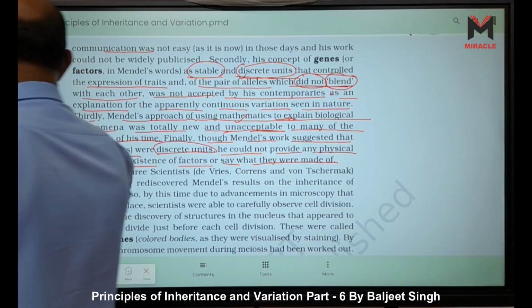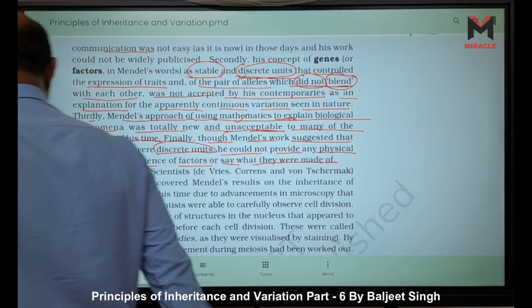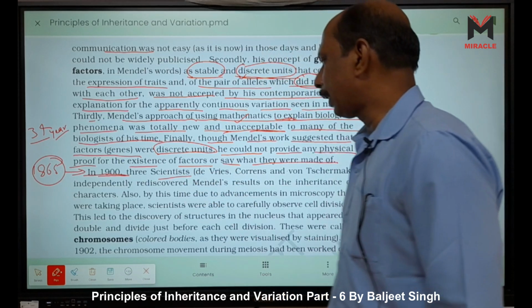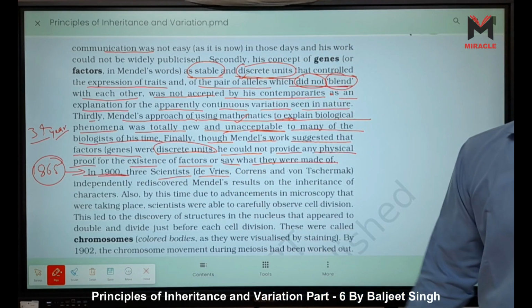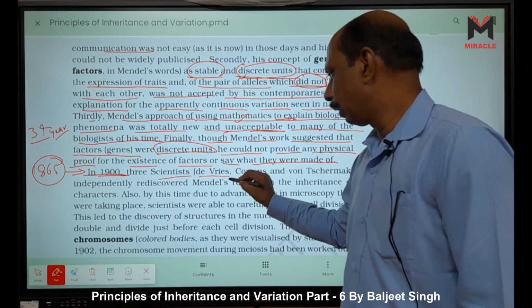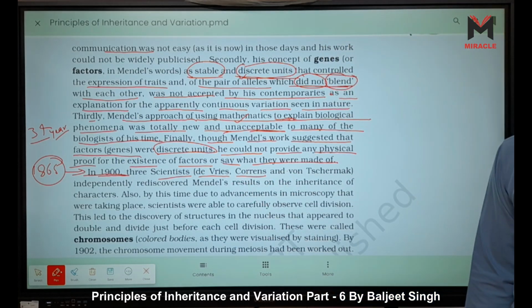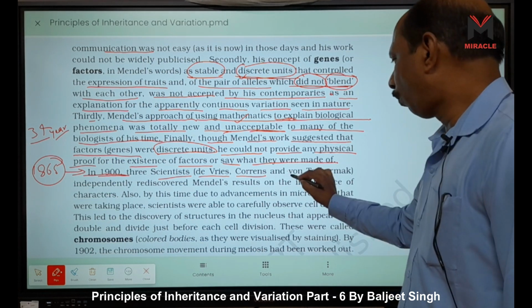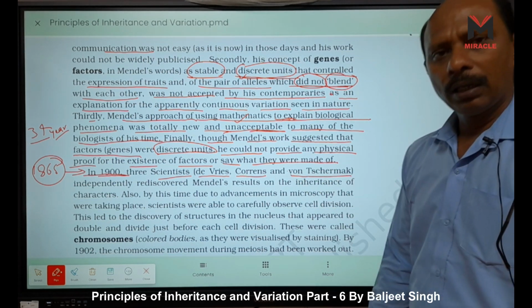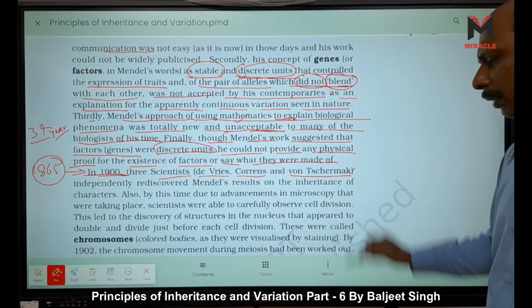But after 34 years, in 1900, 3 scientists. Which scientists? Hugo de Vries, who worked on evening primrose. Carl Correns, who worked on maize, right? And von Tschermak, who used multiple different plants.